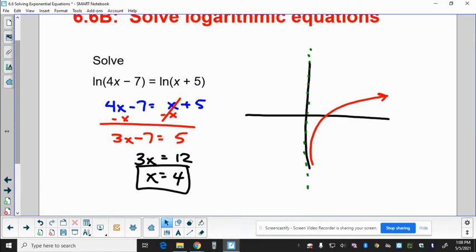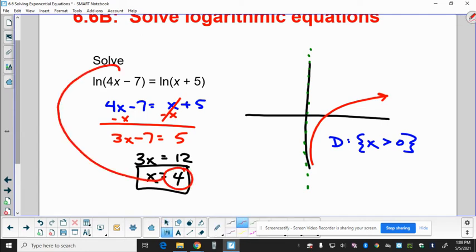So the domain for these graphs is where x is greater than 0. So substitute your answer back into the original problem, this 4, right here and right here. Let's make sure we don't have 0 or a negative number. Otherwise, there's no solutions to this. And we're good here. So 4 is the answer.